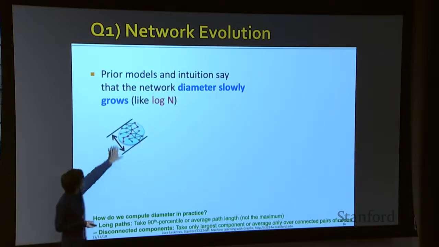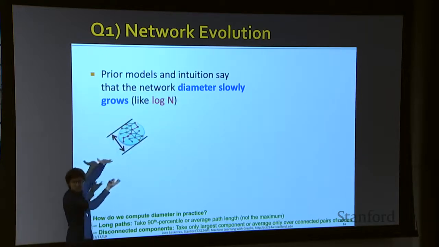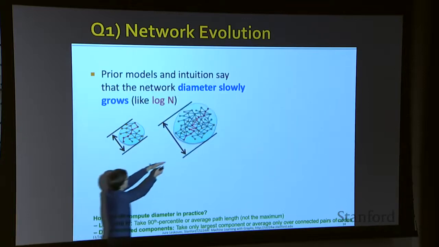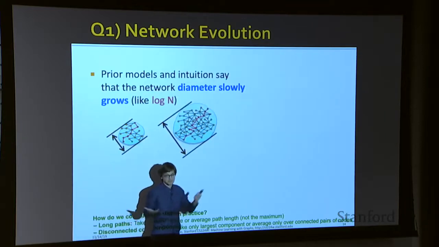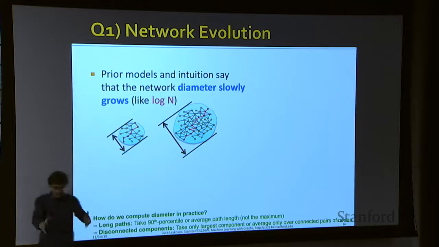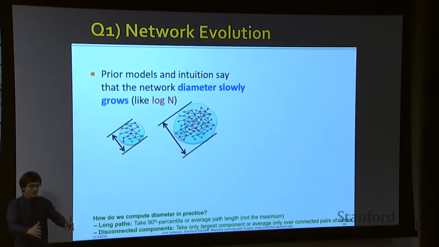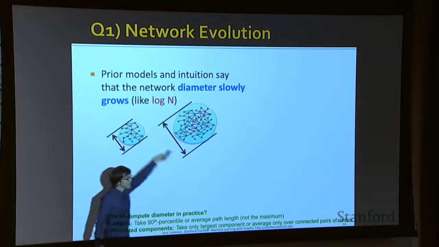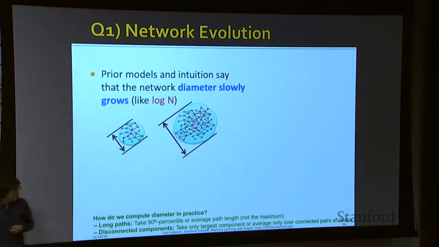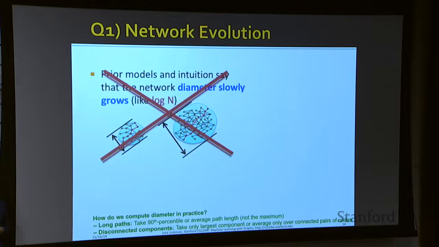If I have a graph on a few nodes, I have some diameter, and I take a bigger graph, the diameter will be bigger. It's like if I take an object and measure how big it is, and now I take a bigger object, it will be bigger. So it should have bigger diameter, right? Actually, it turns out that that's not the case. So this is super counterintuitive.